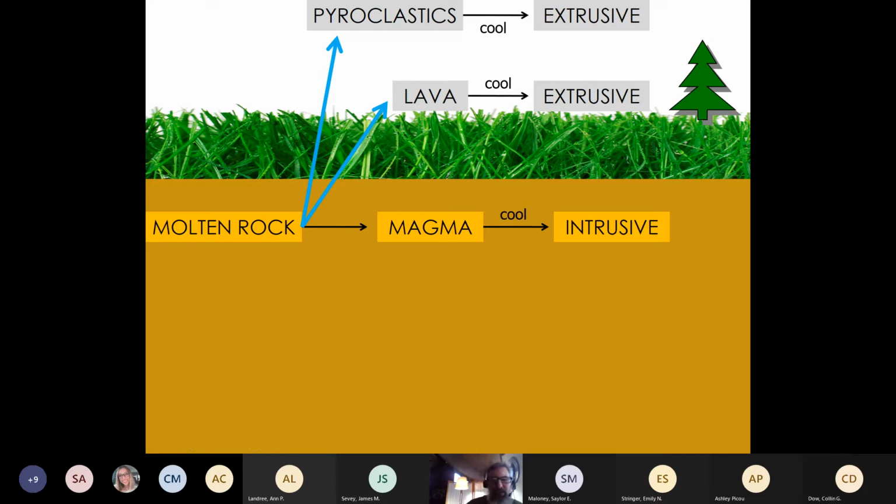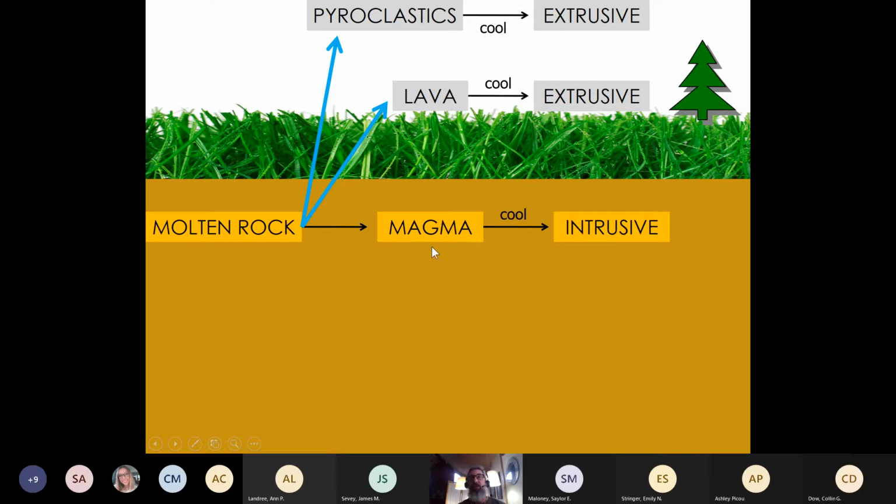So it's still considered extrusive rock. You might wonder, why do we separate these so much? We've already determined that either one of these can be found above or below the surface, and that the only real difference is where they cool. Well, why is that so important? It's because the conditions down here are radically different from the conditions up here.